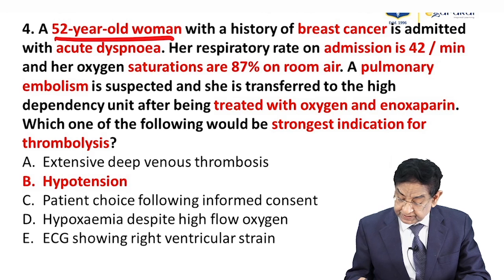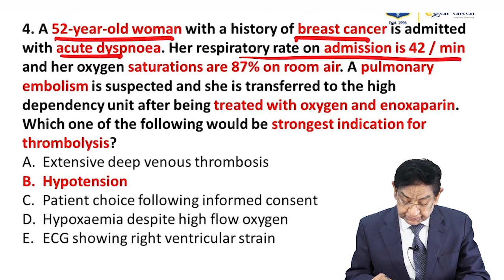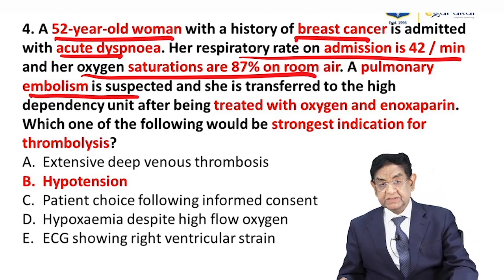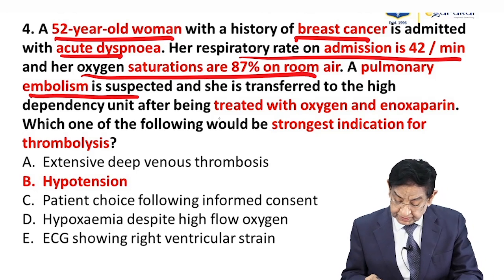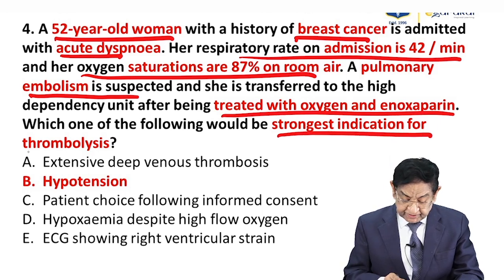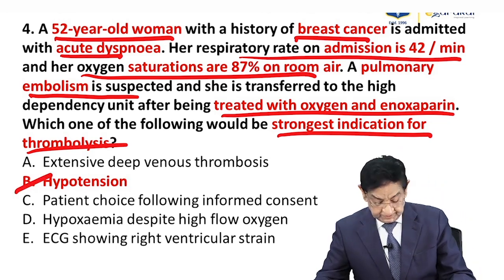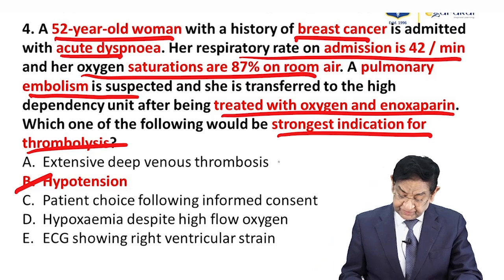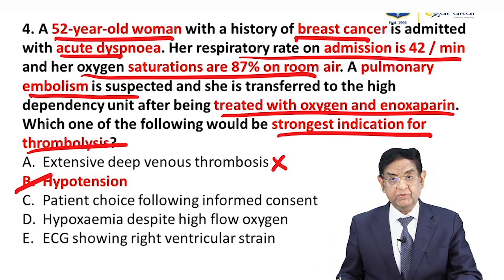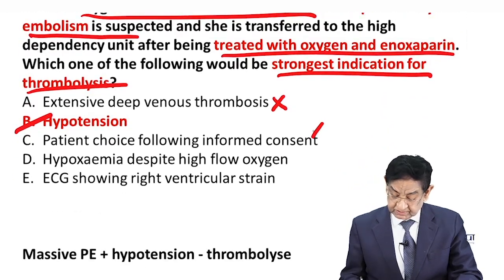A 52-year-old woman, breast cancer, acute dyspnea, respiratory rate is 42, saturation is low, pulmonary embolism is suspected. You treat with oxygen and enoxaparin. The strongest indication for thrombolysis is hypotension. Extensive deep vein thrombosis is not an indication for thrombolysis. Patient choice, no way.